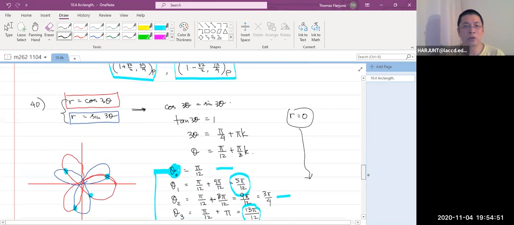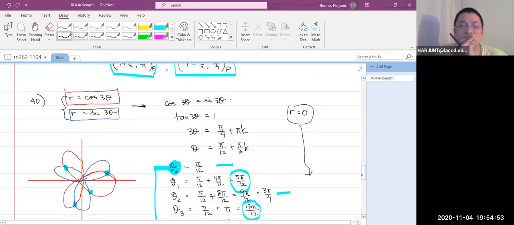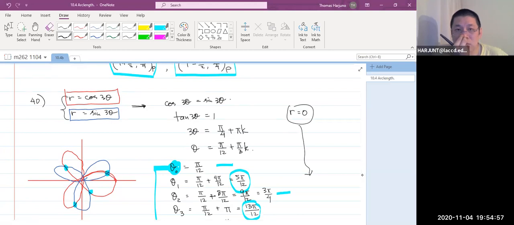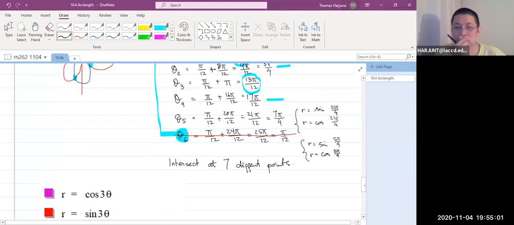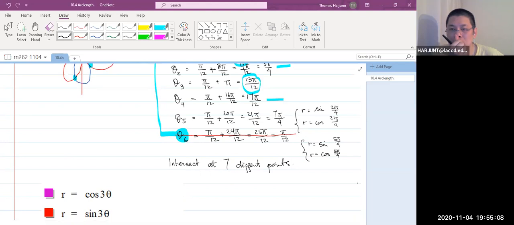Am I making a mistake in this computation somewhere? I'm not making a mistake in my computation, right?